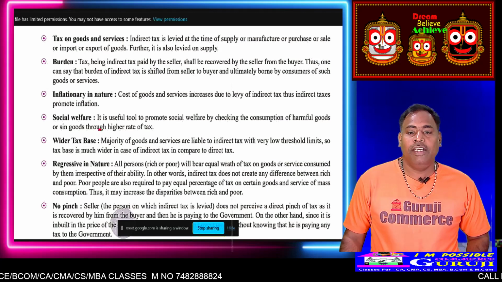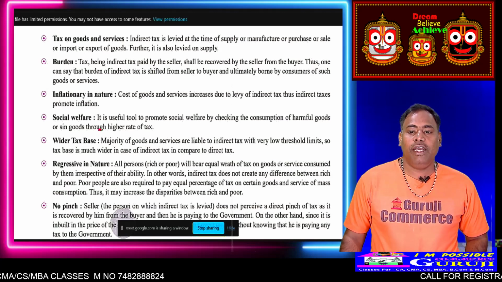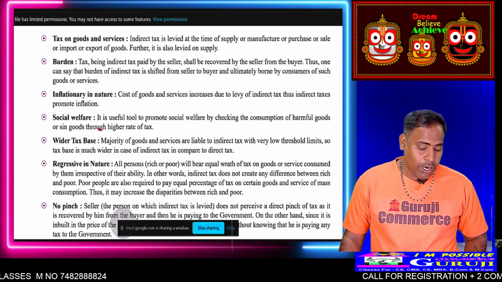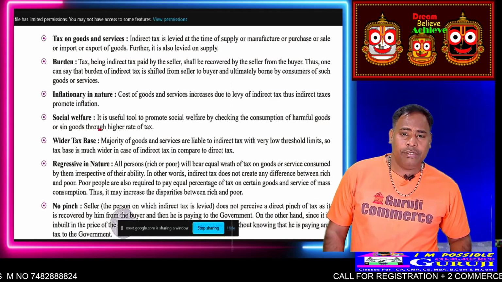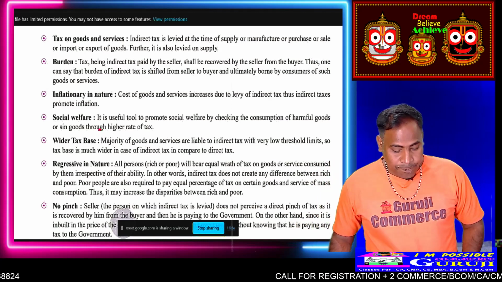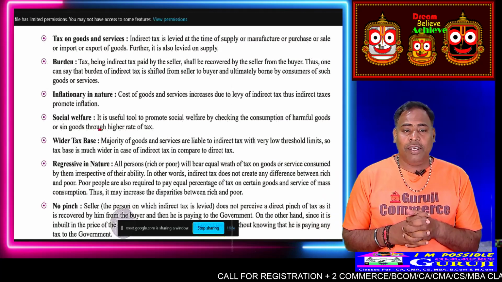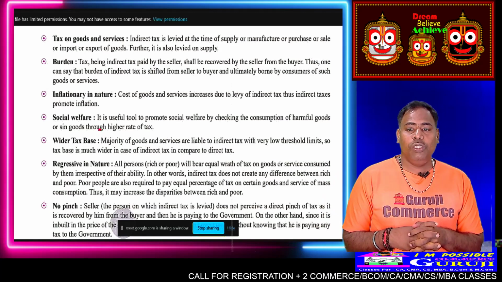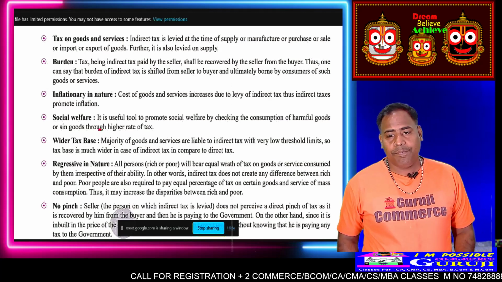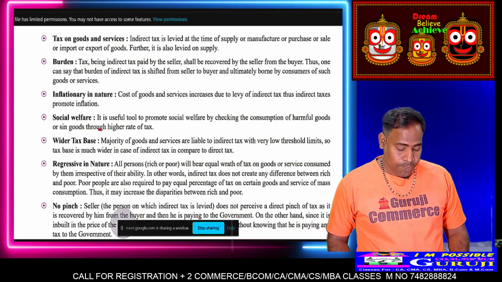Wider tax base. Who else is left? Chinmay, Karina and Tapasmita. Tell me, what does wider base of tax mean? Did you not understand? Why can't you say? Say it in Odia, Hindi or English. It is applicable on the majority of products, on the supply of goods or services.